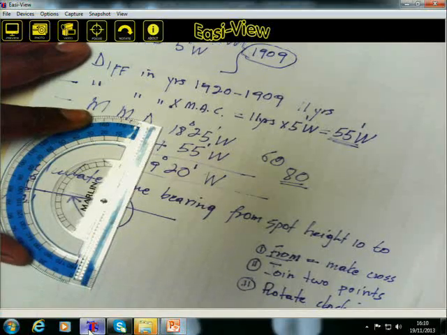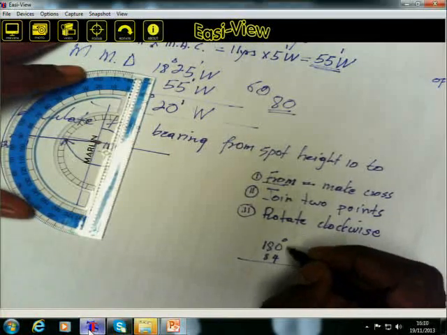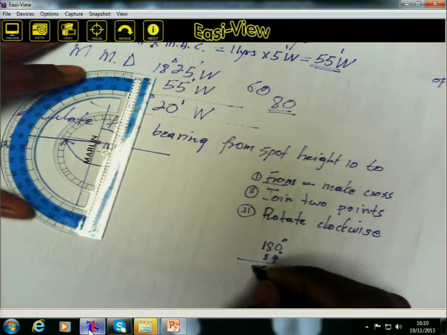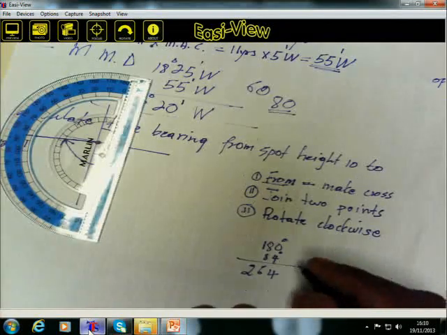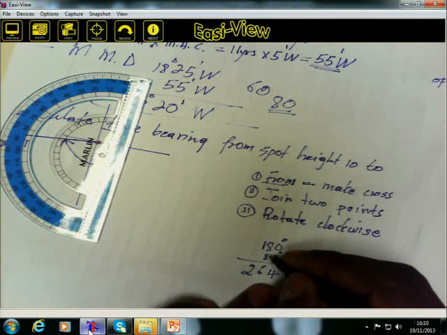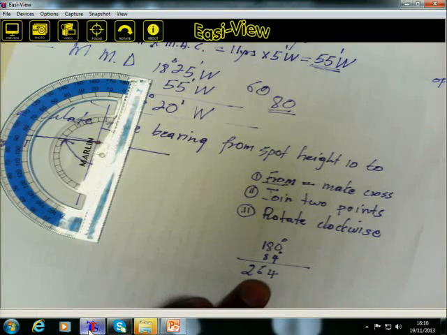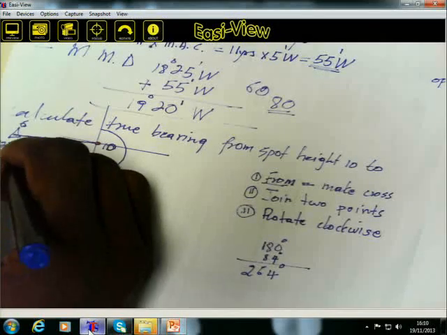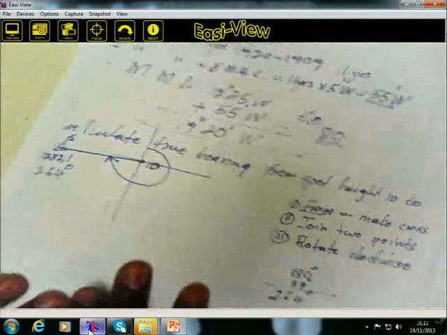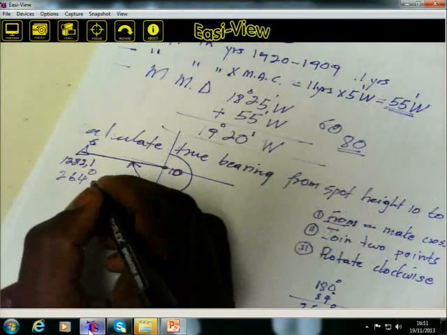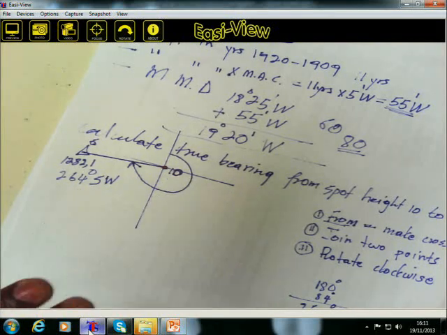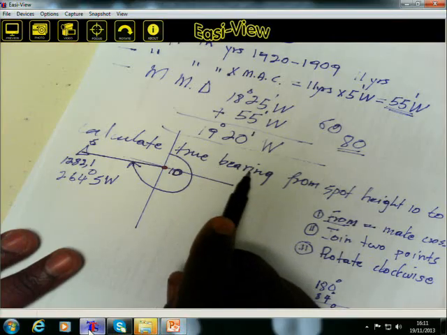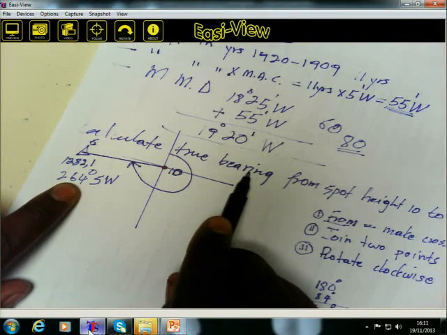Now I must add the 180 plus 84. 4, 8 gives me 16. Then I've got 264 degrees. My direction will be southwest. This is true bearing. I've got 264.